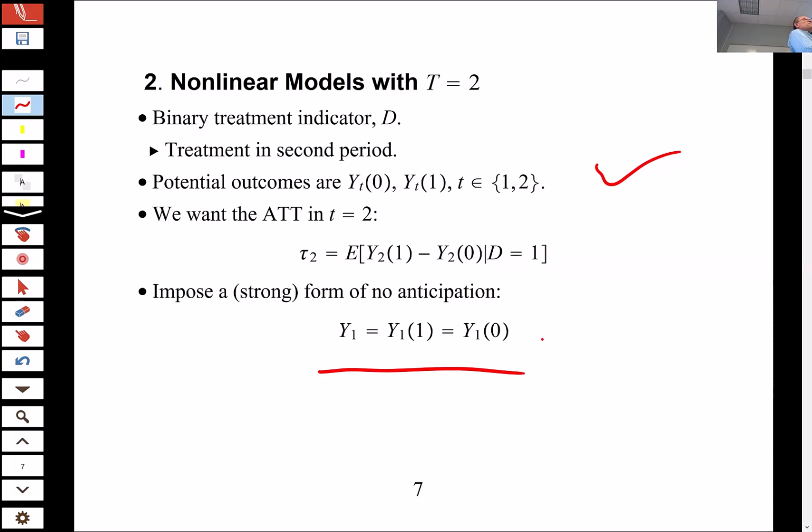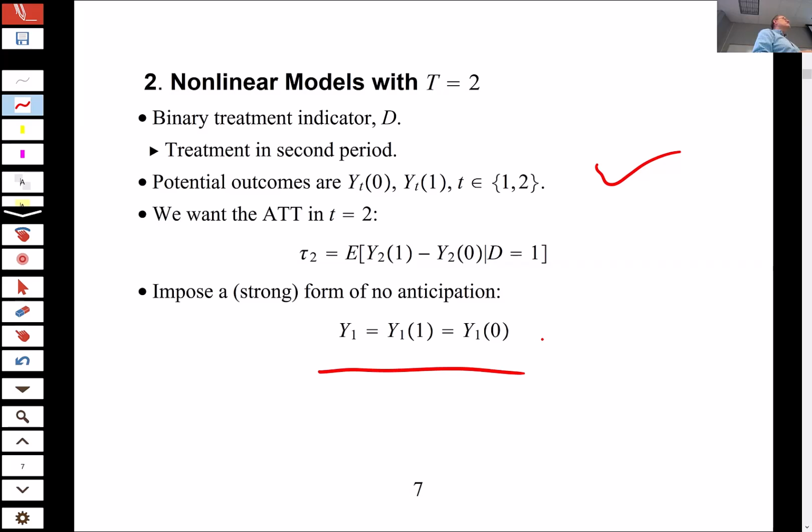There's a no anticipation assumption that basically says the units under study are not changing their behavior in period one in anticipation of the policy going into effect in the next period. This, of course, is not for free, because it depends on whether the policy change is a surprise. Do units see it coming? Maybe they start changing their behavior so that they could be eligible for a job training program.